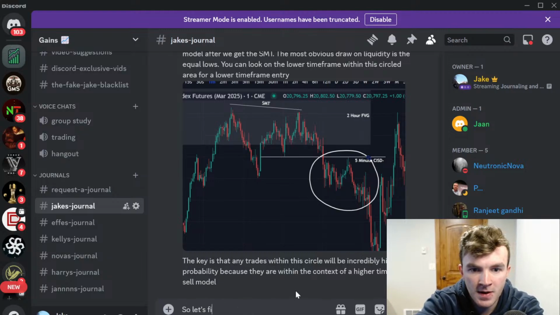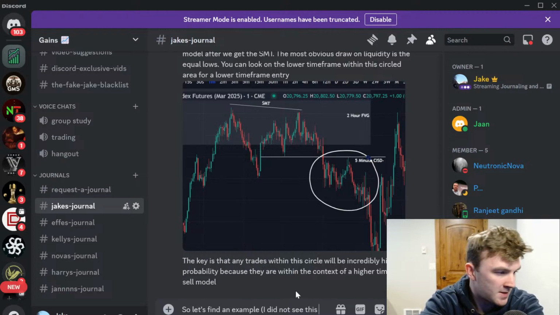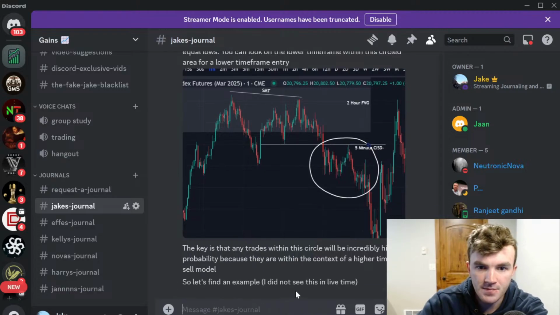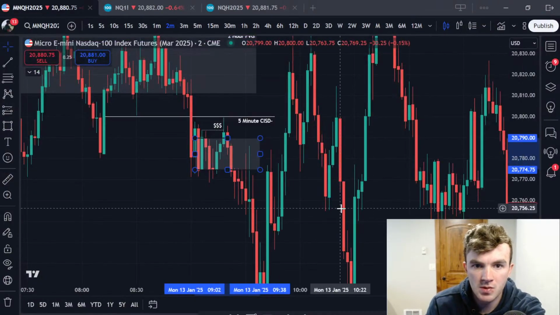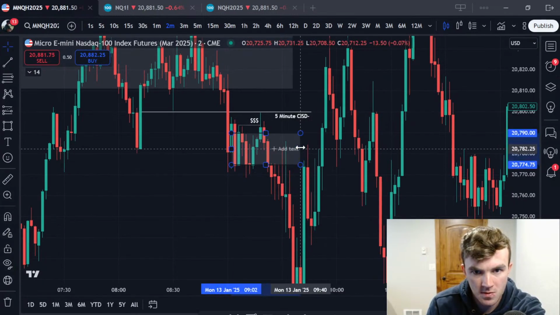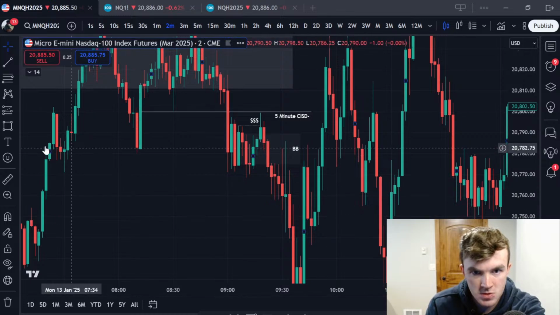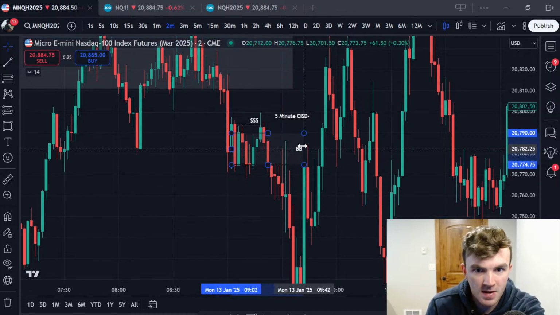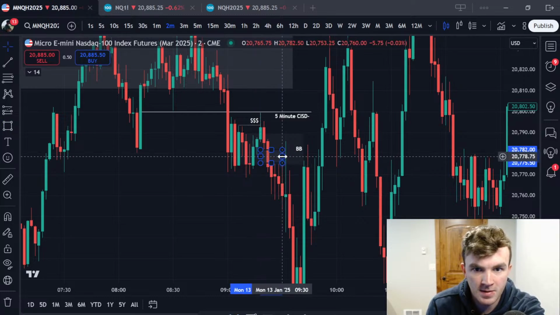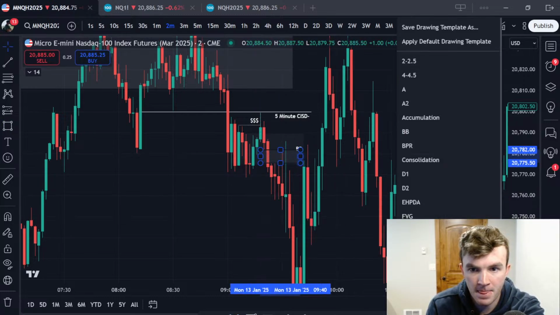So let's find an example. I did not see this live. So there's that 5-minute breaker block, and then here's a 2-minute breaker block and 2-minute fair value gap.